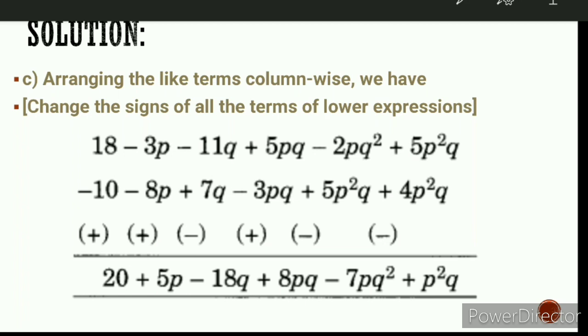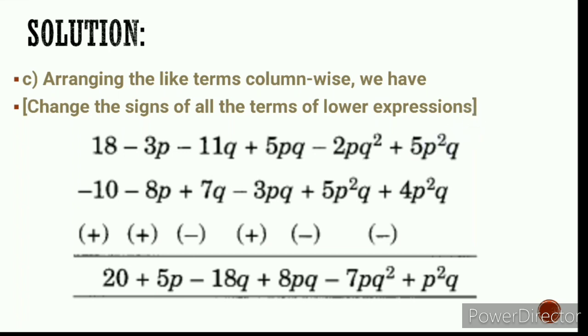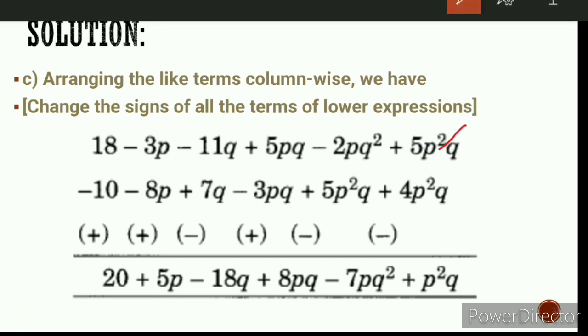You can arrange the expression in any way. You can start from this term 5p square, then minus 2p square 5. Otherwise, you can start in this way, first a constant term and then increasing terms. That way also you can arrange.